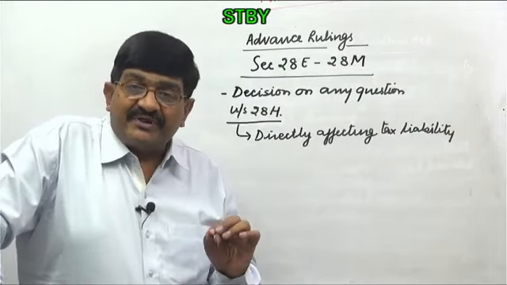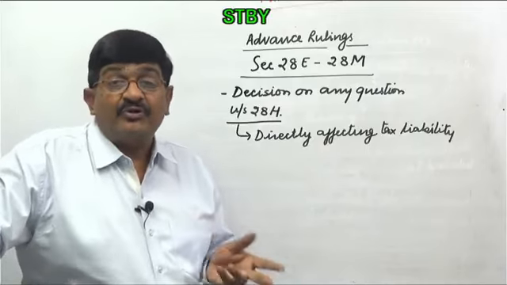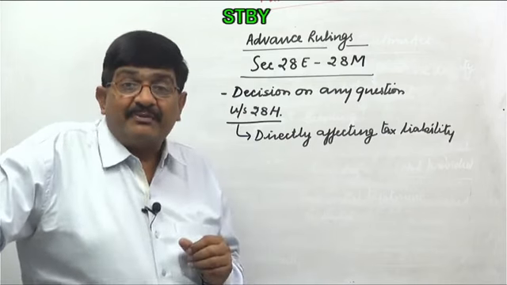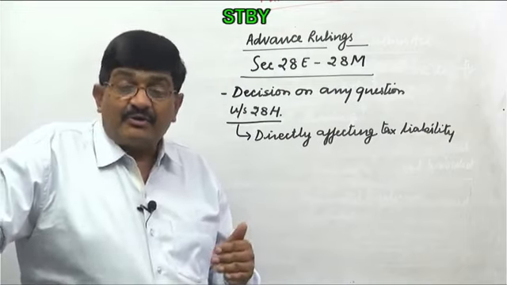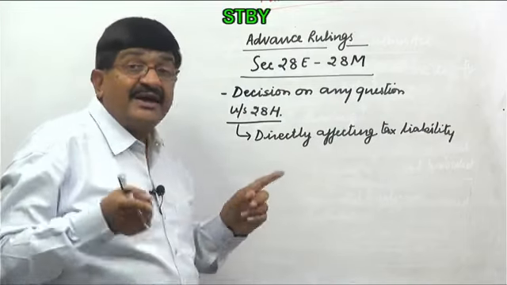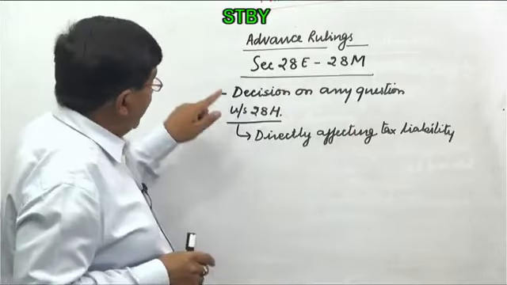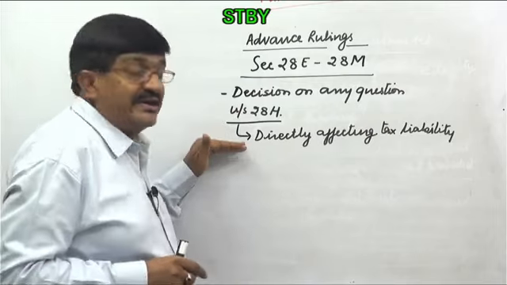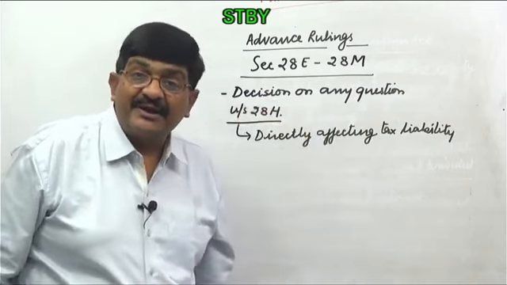What is the classification, what is the valuation for those goods, what factors will be considered for valuation, what will not be considered for valuation, whether exemption notification is applicable or some duty is applicable or not, or the credit subject will be there or not. So all those things are directly related to tax matters. So when we say decision on any question under section 28H, you can say which are directly going to affect the tax liability.